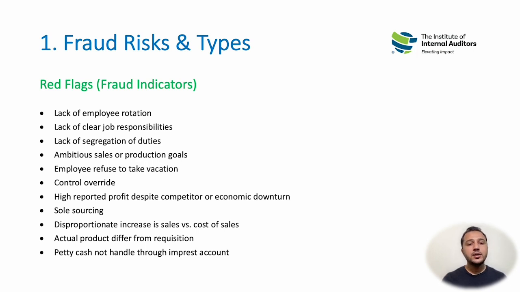Petty cash not handled through imprest accounts. An imprest account is an account formally managed for small purchases within the company. Let's say the company maintains $100,000 of imprest amount. If they have consumed around 20,000 or 50 or 60,000 from that fund against certain purchases, they raise a requisition to finance to replenish the imprest fund or account.